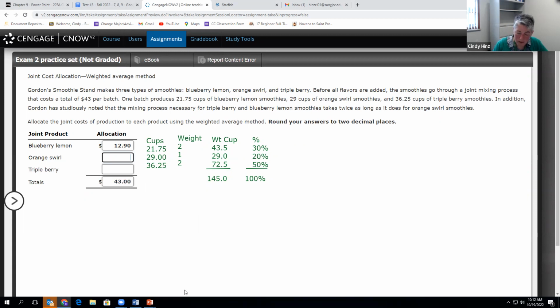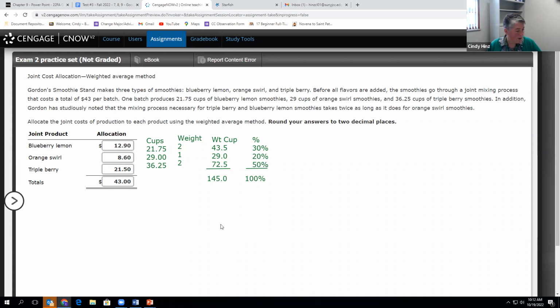Orange swirl gets 20% of the cost. Again, I'm using the number from this right-hand column here. 20% of $43, 0.2 times 43, $8.60 will be allocated to orange swirl, and half of the cost, 50%, or $21.50, will be allocated to triple berry.